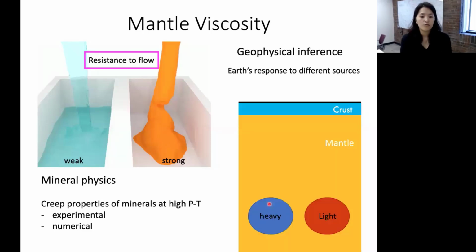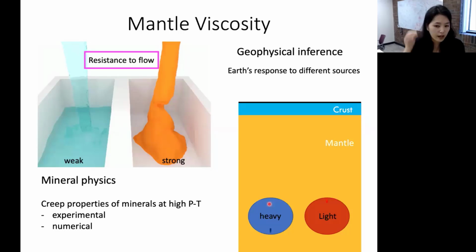Nowadays, one of the most useful ways to constrain mantle viscosity comes from thinking about the buoyancy structure in the mantle. What we do is take seismic tomographic images of the mantle and think about the high velocity structure as heavy, and low velocity structure as lighter materials.